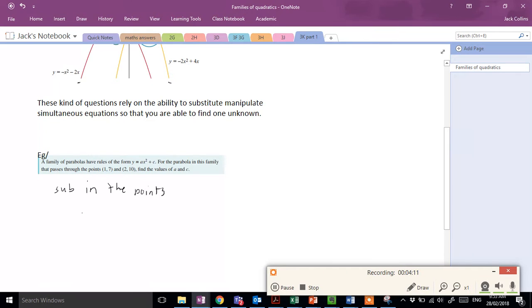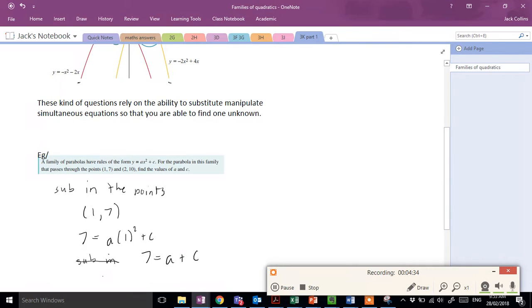So sub in (1, 7) into the equation. So you'd have 7 is equal to a times 1 squared plus c. And you'd simplify that first. So 7 is equal to just a plus c.